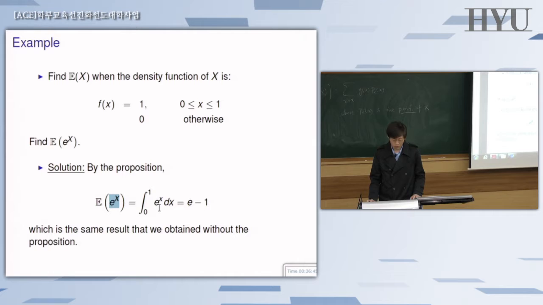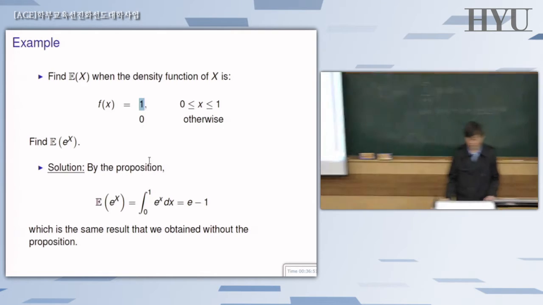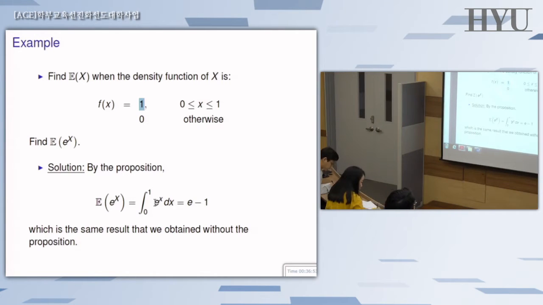You don't need to derive the PDF of e to the x, just use the PDF of x, which is 1. It's the same thing whether you write e to the x times 1 or just e to the x, and the range stays the same because everything is in terms of x, between 0 and 1. This integral nicely gives you the exact same answer of e minus 1.